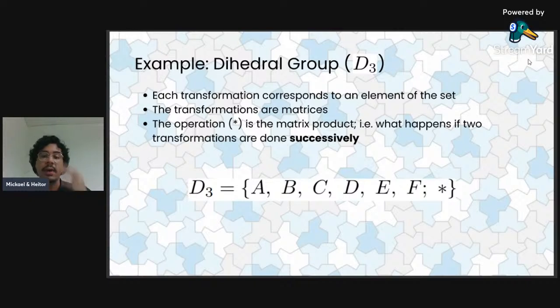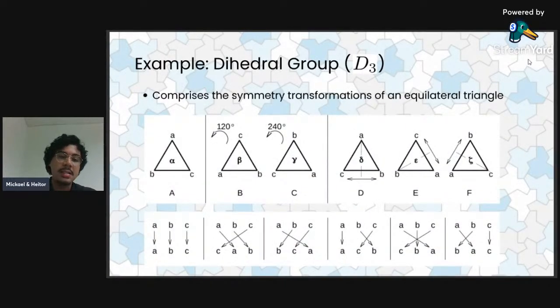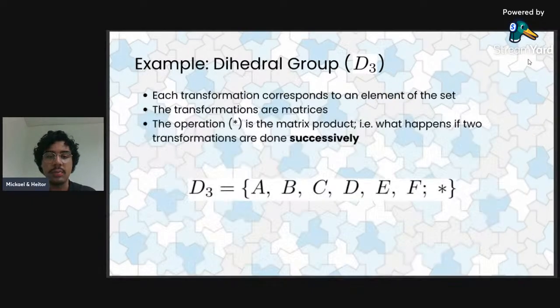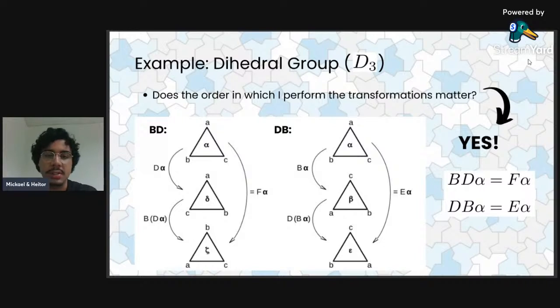That is what happens if I perform two different operations successively. So it's the same as if I apply C to the triangle and then apply B. C and B are the rotations. So if I apply C and then apply B, it's the same as taking these two matrices, C and B, and performing the product between them. That's just the operation of the group, to be formal in the definitions.